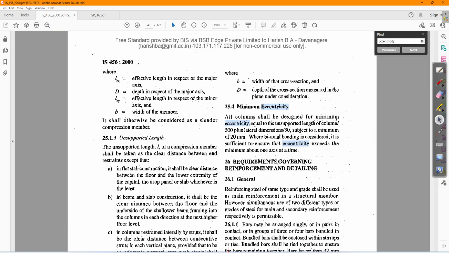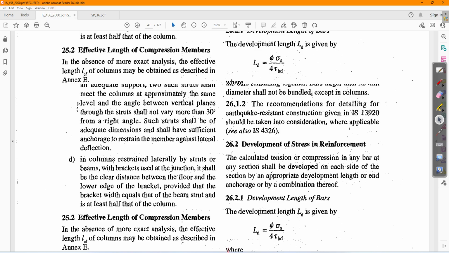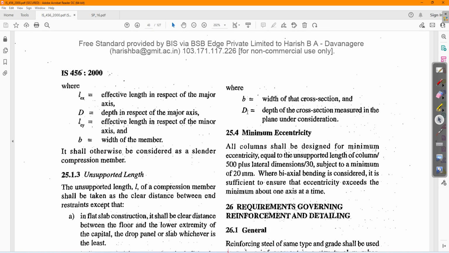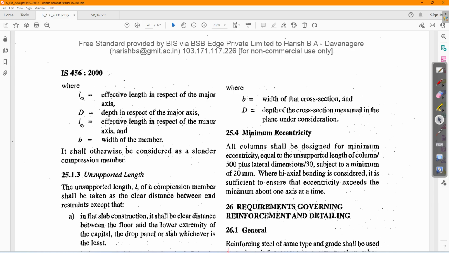So 25.4. I think this is page number 42. Sorry, not 99. So this is page number 42. So you have the formula minimum eccentricity.